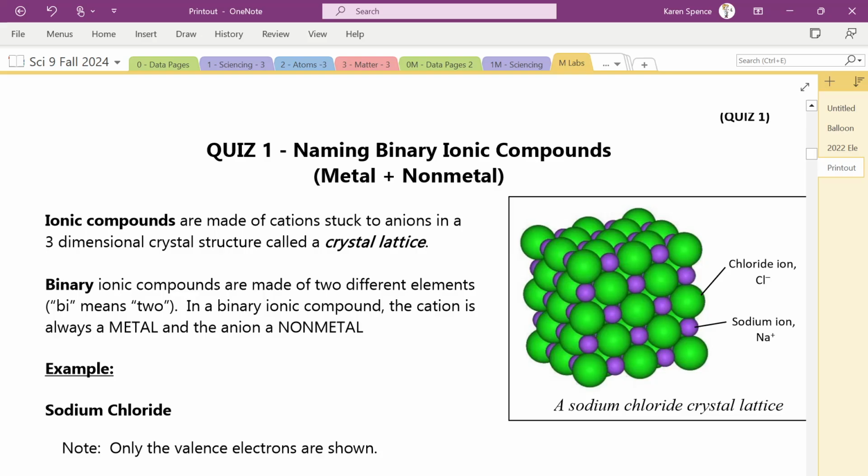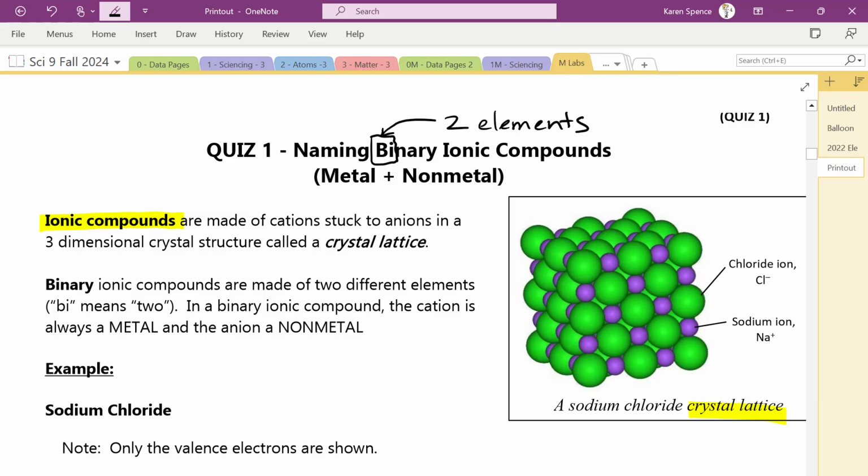And we already know how to do this, or at least most of you have probably picked up on it. We are naming ionic compounds. So those are the ones that are in our crystal lattice form, and these are binary compounds, which means if we look at the prefix bi, what does bi mean? 2. So this means they contain 2 elements.